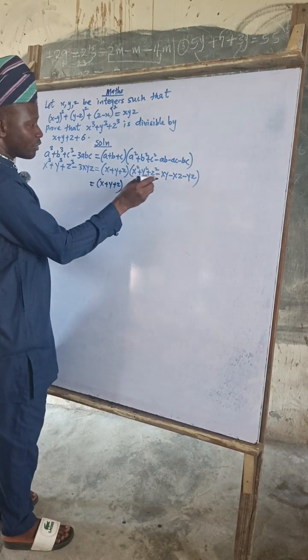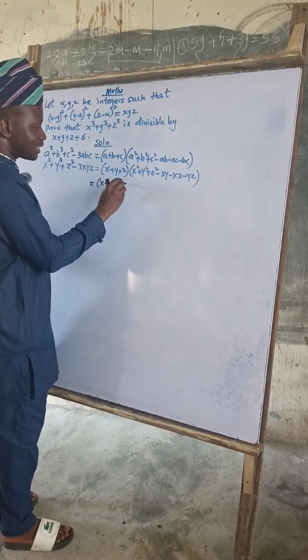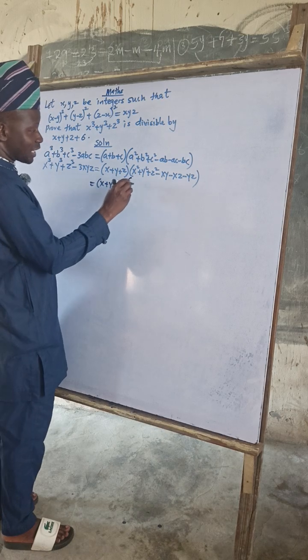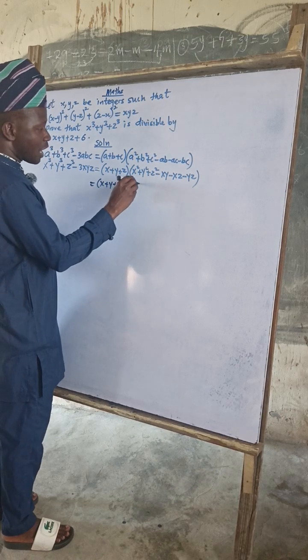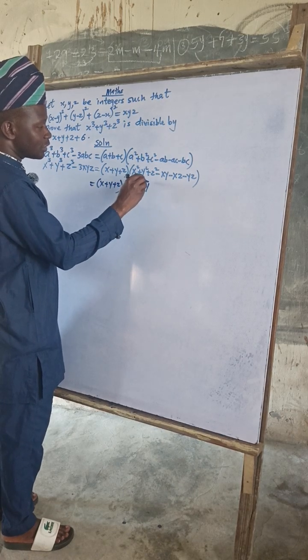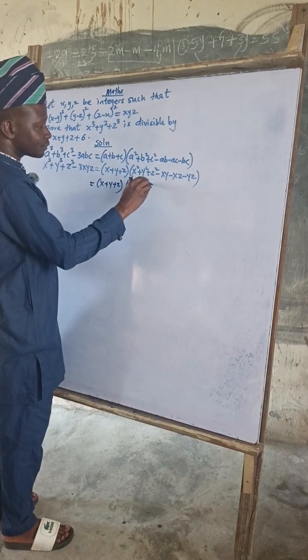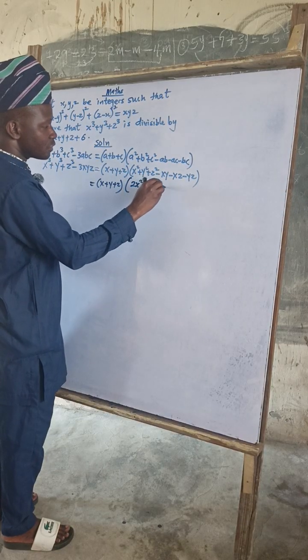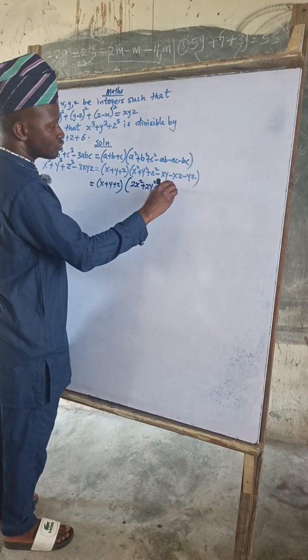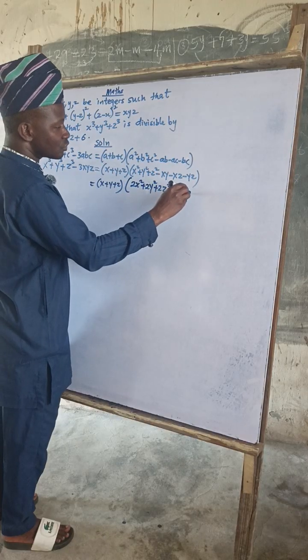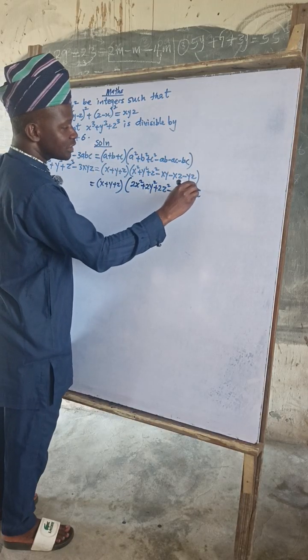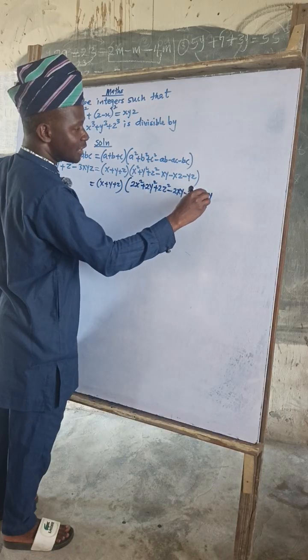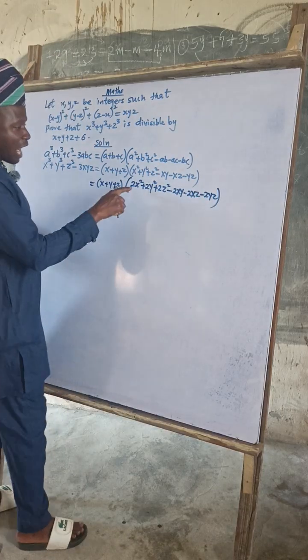That 2 that we are using to multiply, I will take it inside. That is, we have 2x squared plus 2y squared plus 2z squared minus 2xy minus 2xz, then minus 2yz. So now I've multiplied by 2.